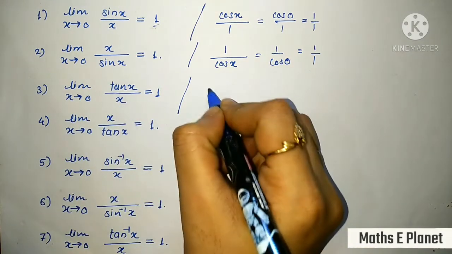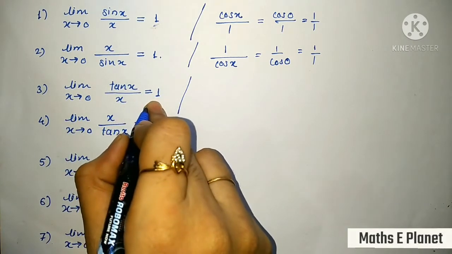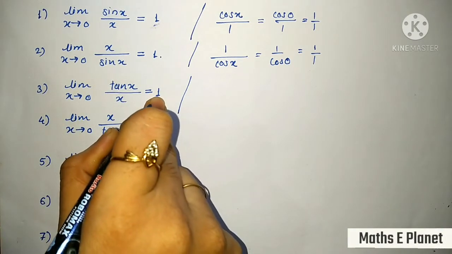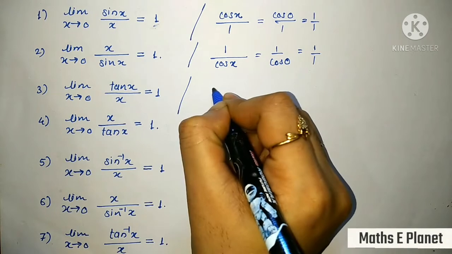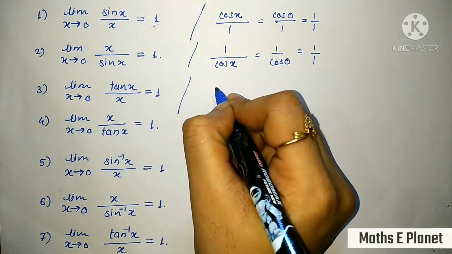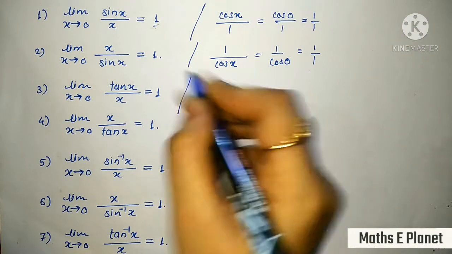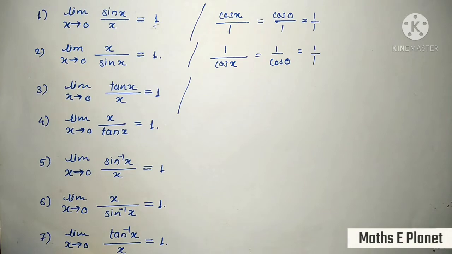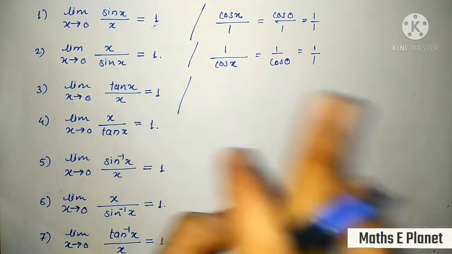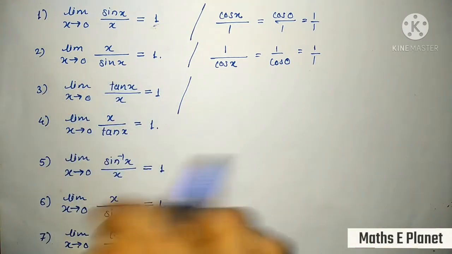In this formula, limit x tends to 0 of tan x upon x, the value is 1. How will you find that the value is 1? Take the differentiation of numerator and denominator. We are following the same steps for each formula. You just differentiate numerator and denominator separately, and then put 0 instead of x, and you will get the final value for this formula.